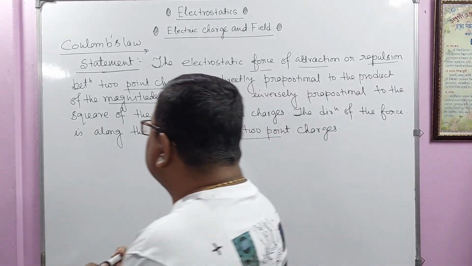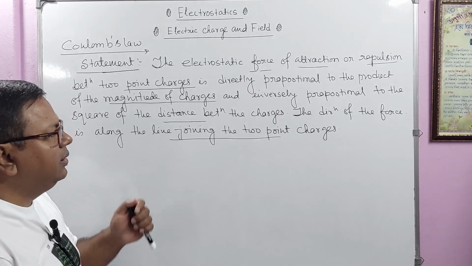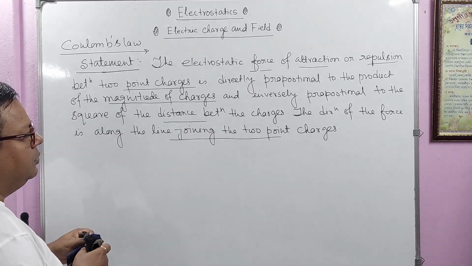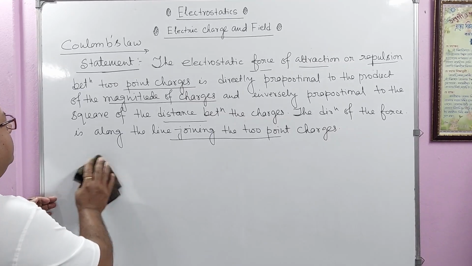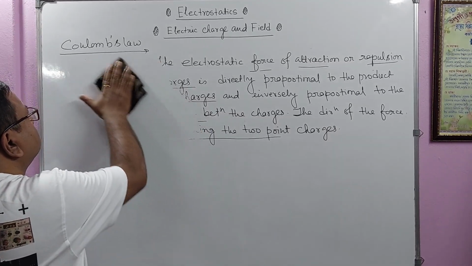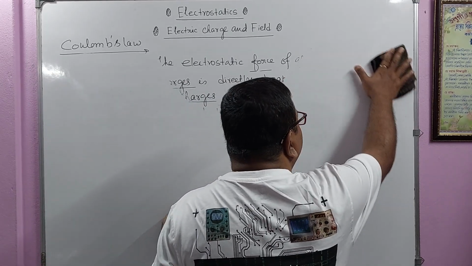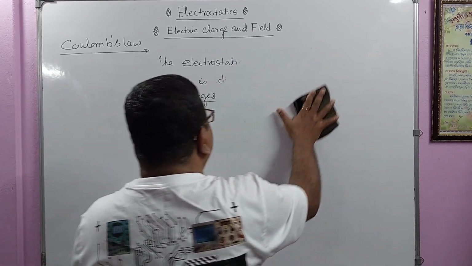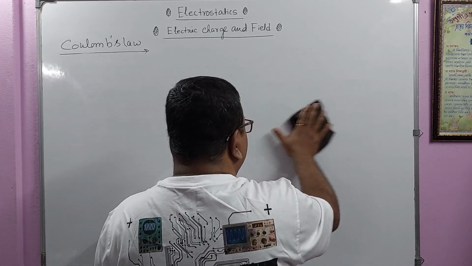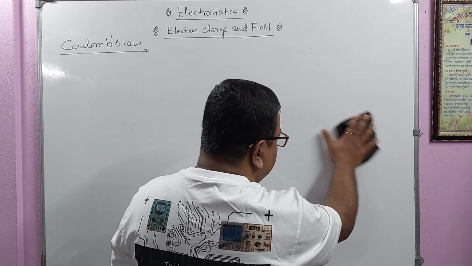Now we are going to derive the mathematical expression of the Coulomb's law. Okay, so for this we have to draw a diagram. Let's do it. So during drawing the diagram, it is very important to draw it for both category of charges.